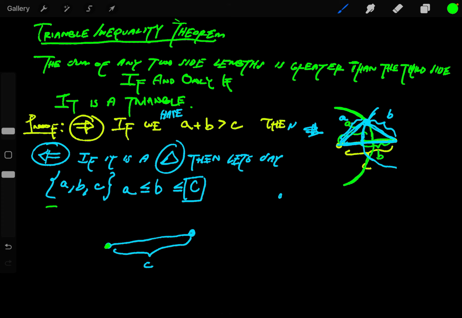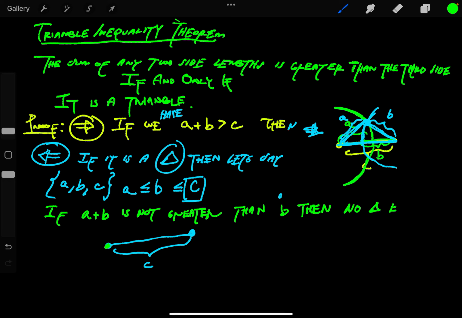The contrapositive is, if A plus B is not greater than C, then there can be no triangle. No triangle exists. And that's a little bit easier to prove, and that makes a little bit more sense.